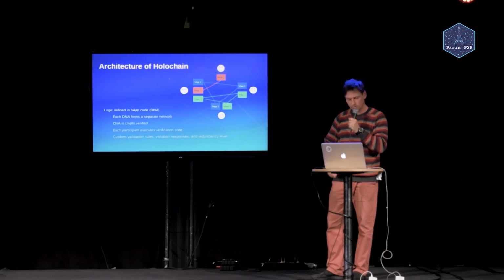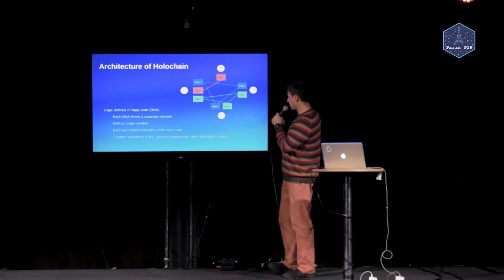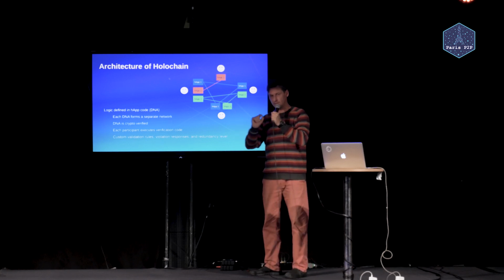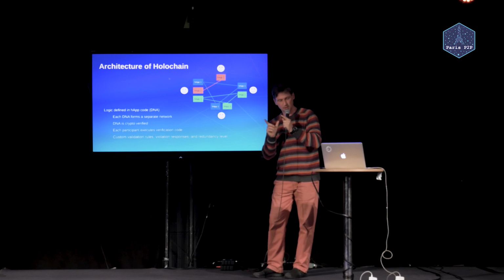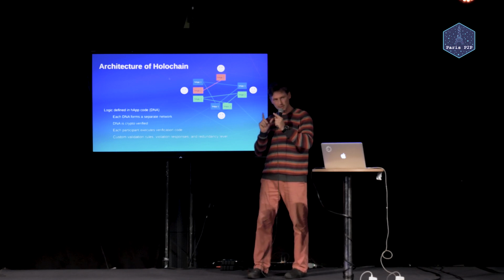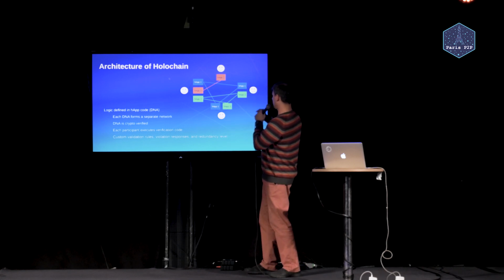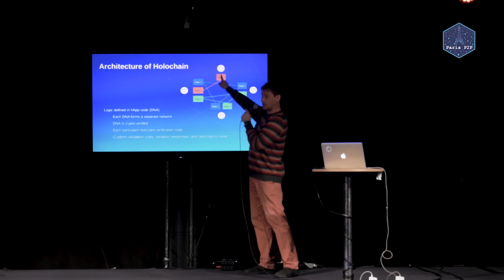So what happens here is that, as I said, each DNA is creating a separate network, which means that I can have one DNA that's responsible for my tweets. It will be my tweets with my buddy, Hub2.